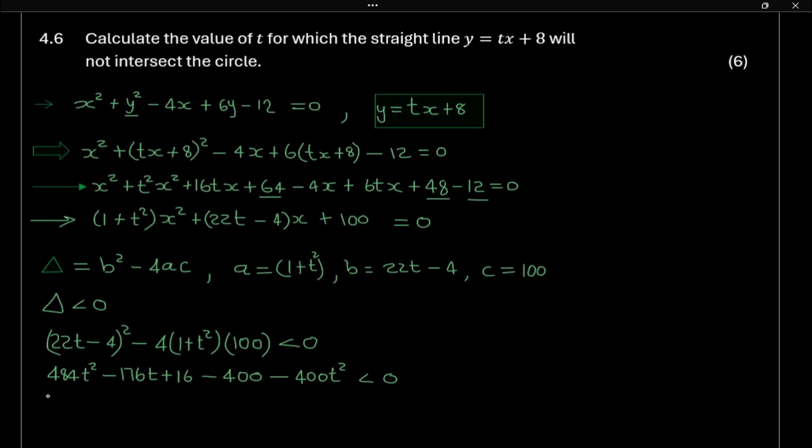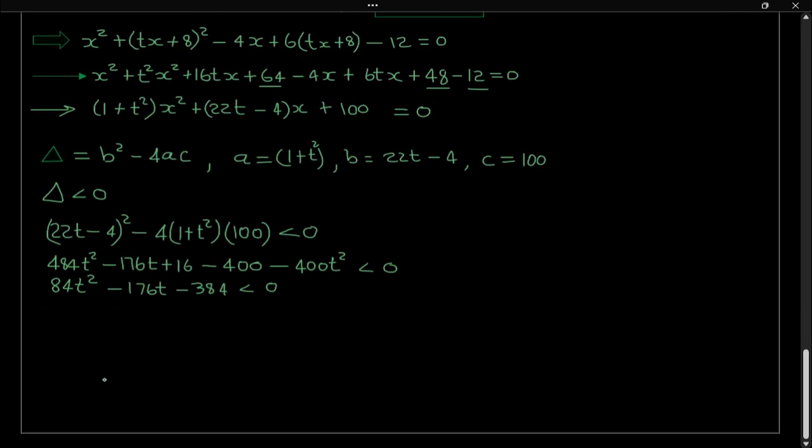From there we simplify and group all the terms: 84t squared minus 176t, and that plus that gives us negative 384. All of that is less than 0.